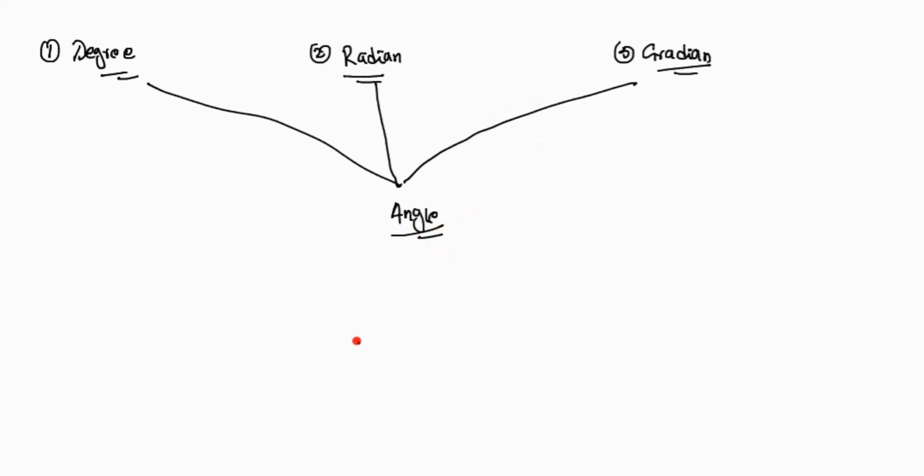So what is an angle? Angle is this one. If I take a ray, we call it the initial ray.